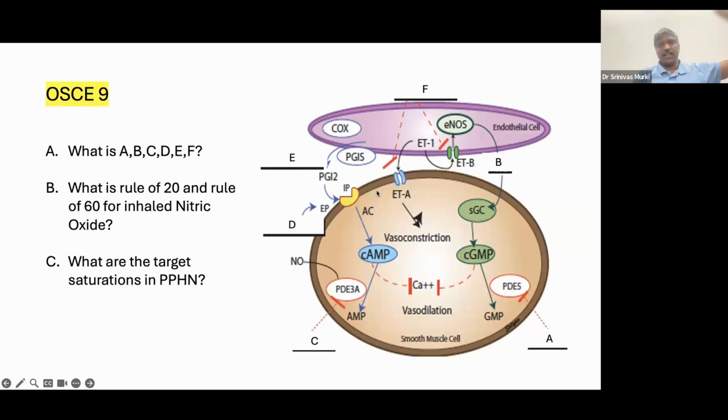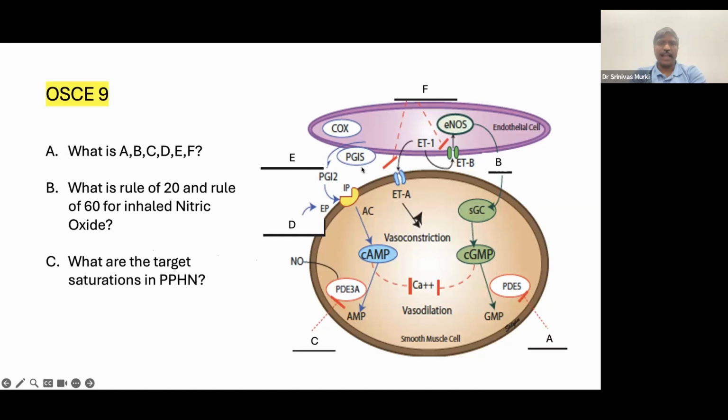Now the other question, which is popularized by Dr. Satyan, is what is the rule of 20 and 60 for management of babies with PPHN or with inhaled nitric oxide? What is the rule of 60 and 20? Okay, yeah, starting and weaning of iNO is right. Can you elaborate, Gaurav?